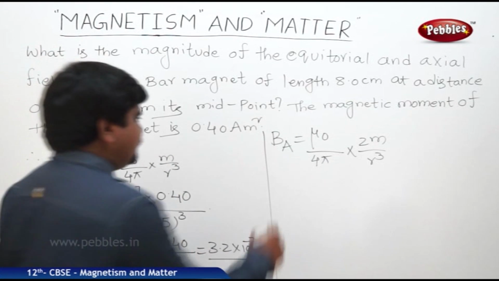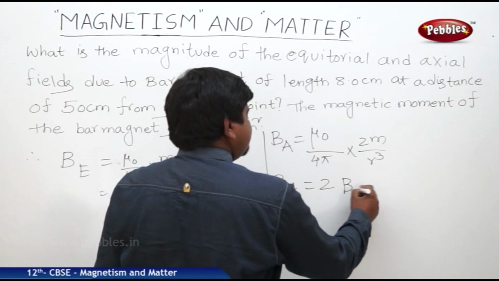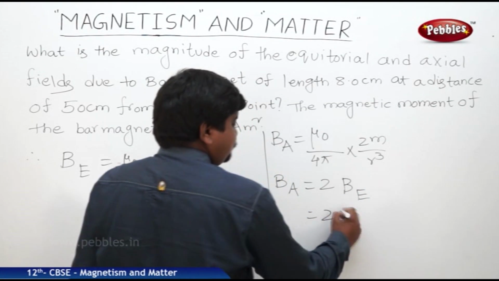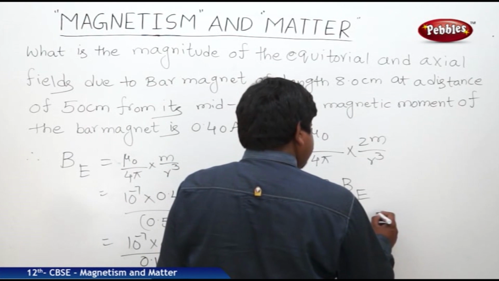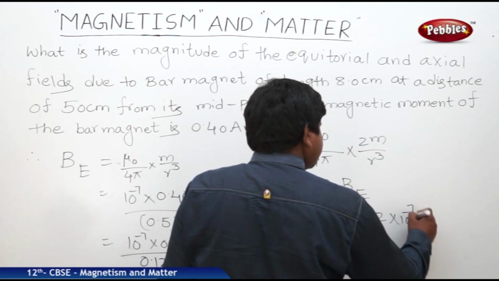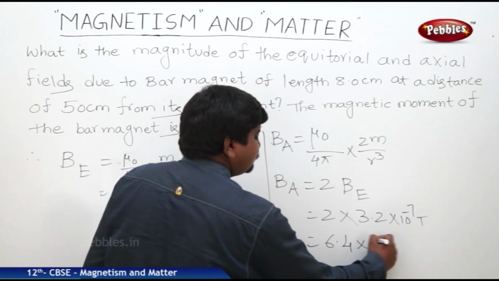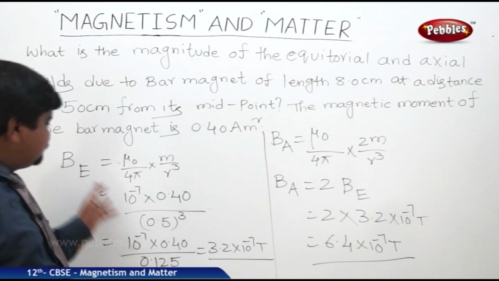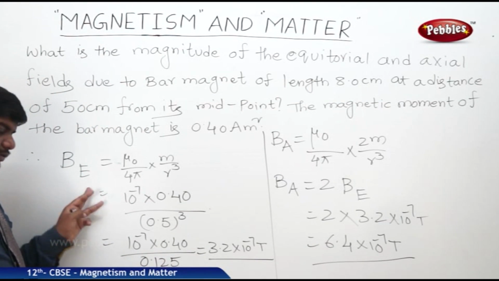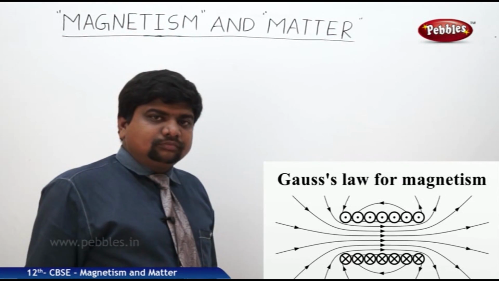So we can write BA is equal to 2 into BE, so 2 into 3.2 into 10 to the power of minus 7 Tesla. We will get 6.4 into 10 to the power of minus 7 Tesla. This is the magnetic field due to the dipole at the equatorial plane, and this is at the axial point.